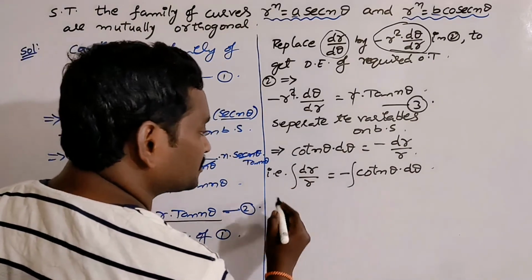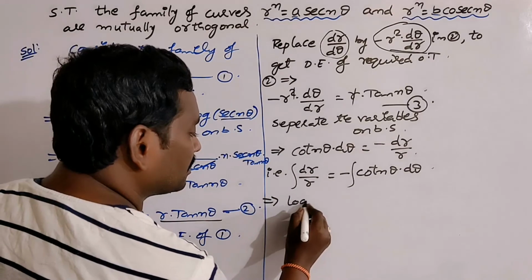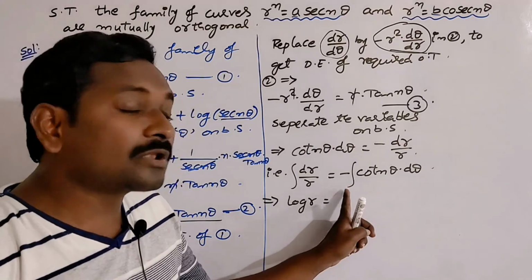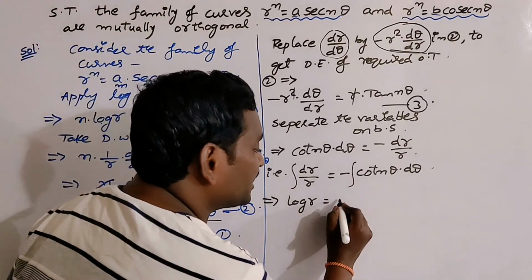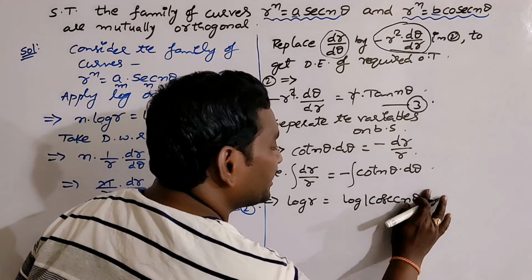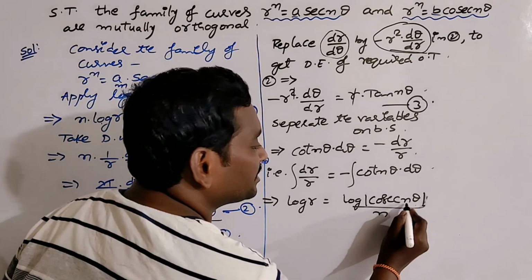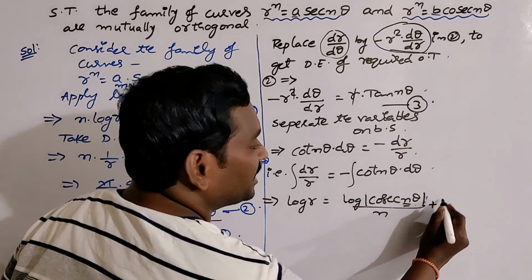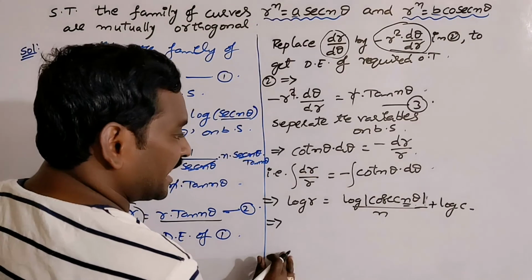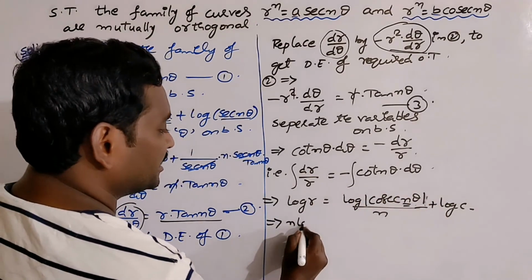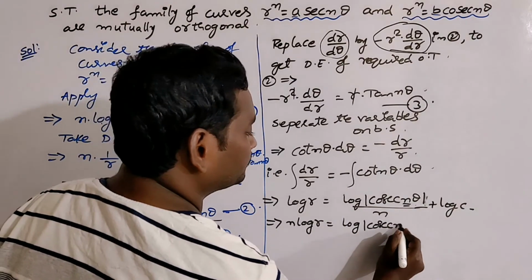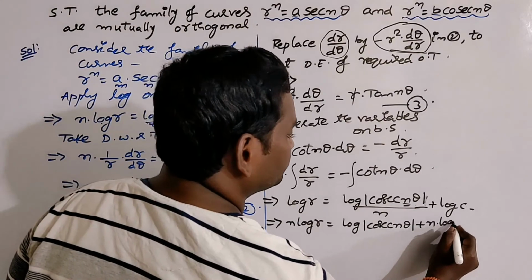Take integration on both sides now. What is the integral of 1/r dr? log r, equal to the integration of cot nθ, which is minus log of cosec nθ, so minus of minus is plus, so you will get log|cosec nθ|/n. Don't forget to write n in the denominator, which is the coefficient of θ, plus log c. I will multiply with n, so you will get n log r equals log of cosec nθ plus n log c.